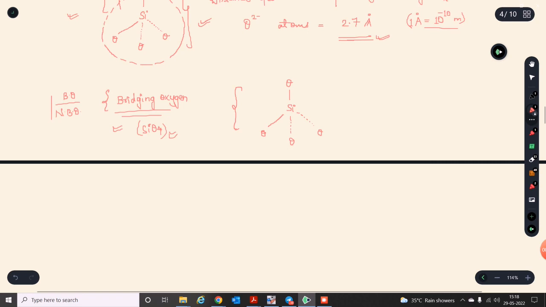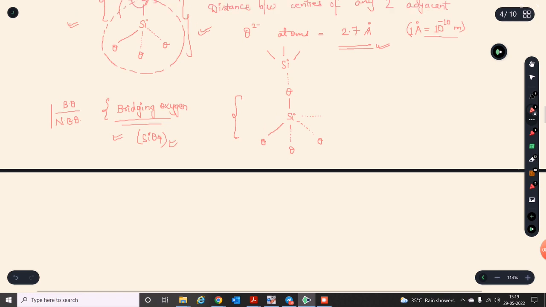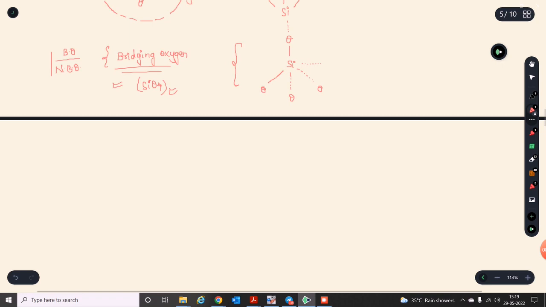For cyclosilicates, 2 oxygens are shared. Suppose the first one would be this one, Si, again here would be 3 O, and suppose another one that is shared is this one below, Si, again here will be 3 O's.